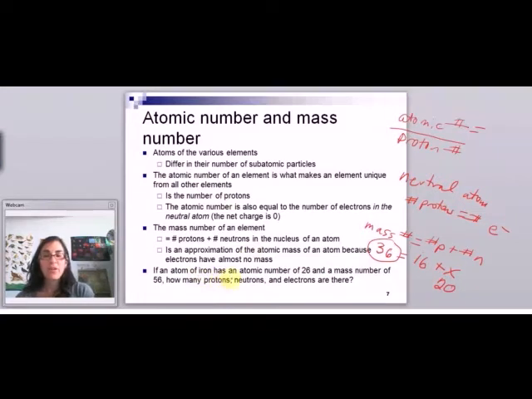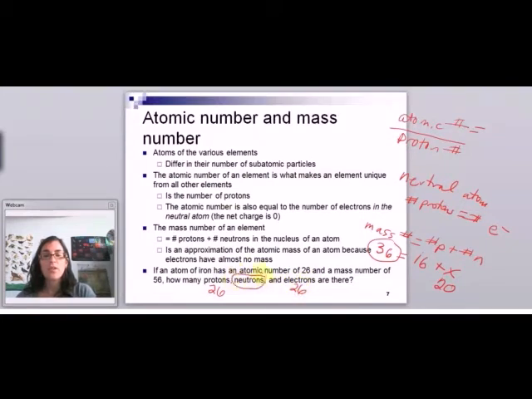So how might this appear on an exam? Well, here's a practice question right here. If an atom of iron has an atomic number of 26 and a mass number of 56, how many protons, neutrons, and electrons are there? So again, my atomic number tells me that the number of protons is 26. And if it's neutral, then that also tells me that there must be 26 electrons.